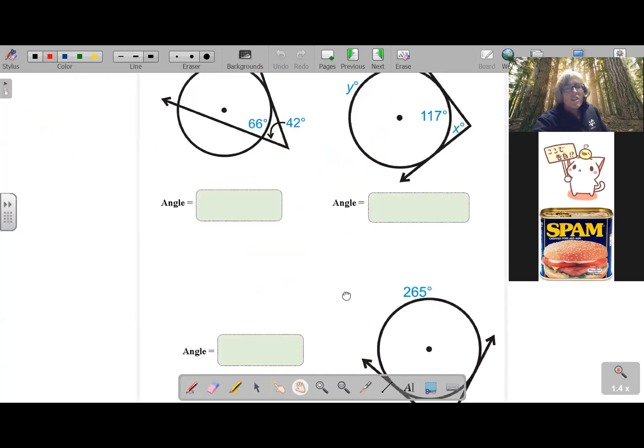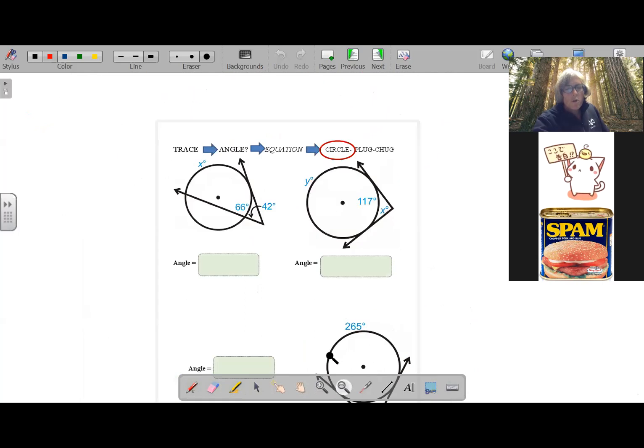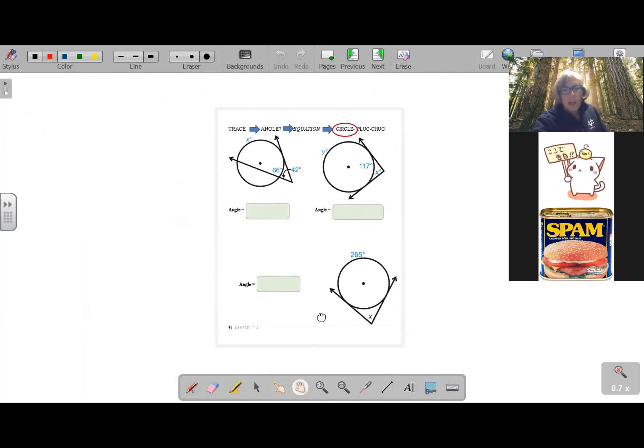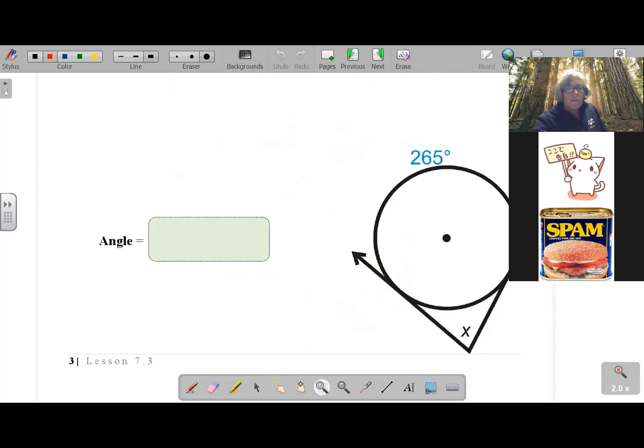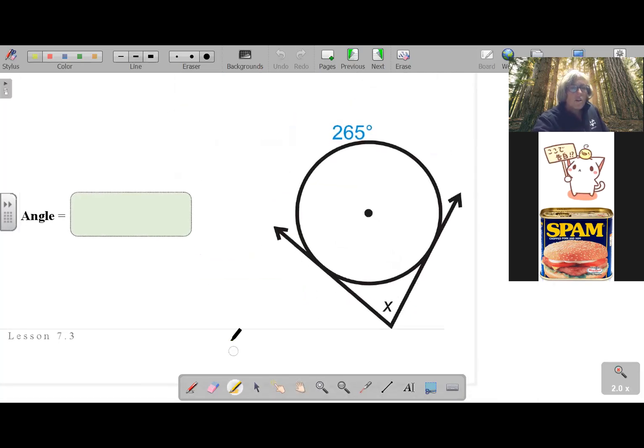Okay, Rebecca, take a look at this page. Which one would you like to do? I promised you 2 problems. The third one. Okay, at the bottom? Sure. Okay. So step 1, we're going to trace it. Rebecca, what kind of angle is that?